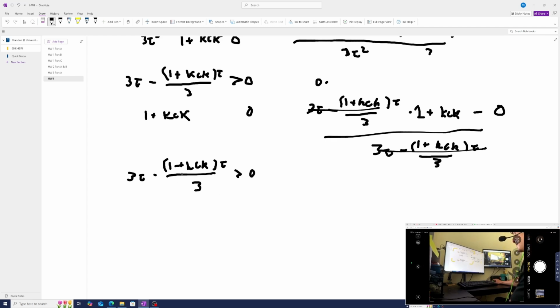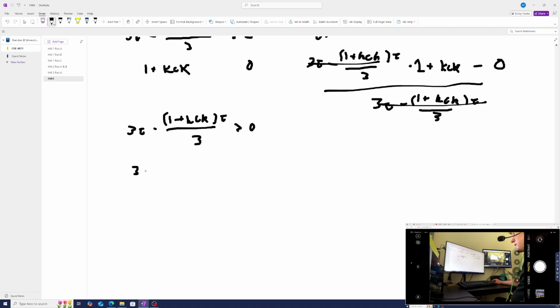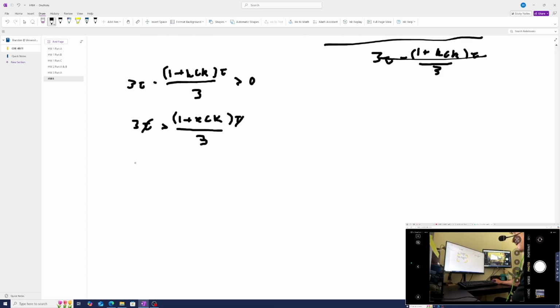We can move this to the other side, giving us 3 tau is greater than (1 plus kck) over 3 times tau. We know that our tau will always be a positive value, so we can divide across and not worry about switching our signs. We can then multiply by 3, giving us 9 is greater than 1 plus kck.